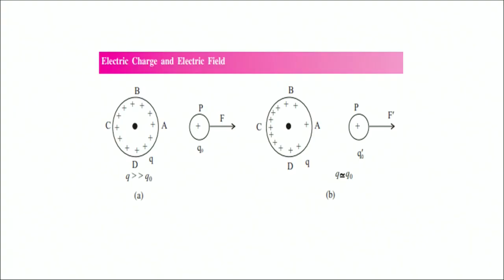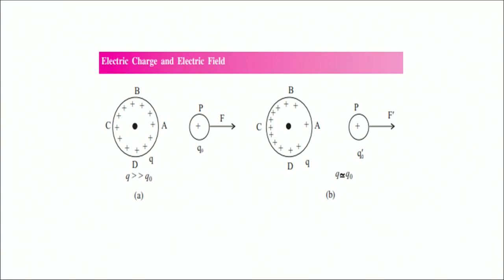This can be understood from figure A and B. First, we will discuss figure A. Here, we are going to find the electric field due to the charged body, which is on the left, and the test charge is Q naught. This test charge Q naught is very, very small as compared to the charge Q. It is not going to disturb the charge distribution on the charged body.